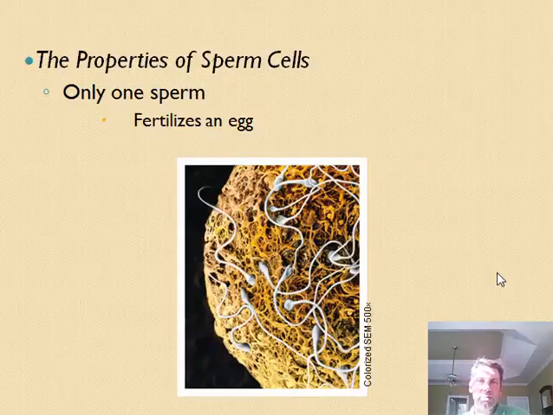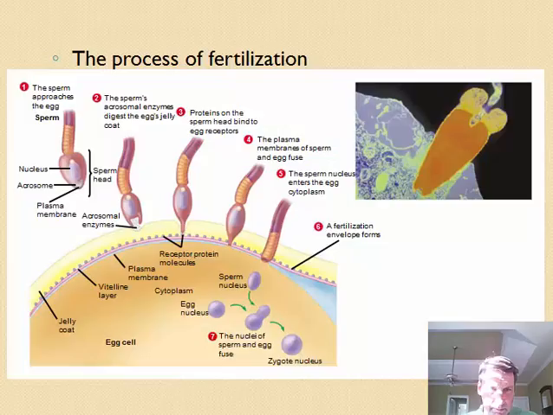Not sure of the species that this is looking at, but it's common throughout the animal kingdom and in humans that the egg is very large. In this case, we're looking at one egg, this kind of yellow structure in the back here, and it is attempting to be penetrated by all of the sperm that are on the egg. And so one of these will be successful in fusing with that egg to get its genes connected to it. So that's the process of fertilization there.